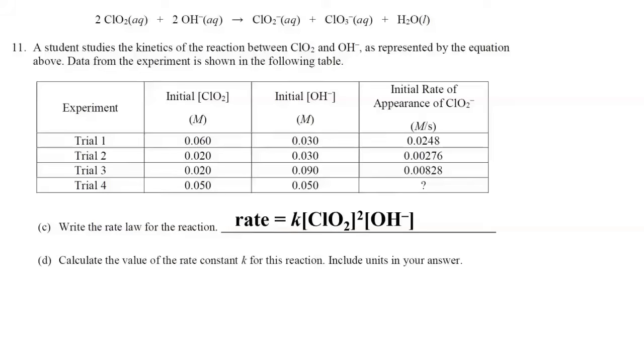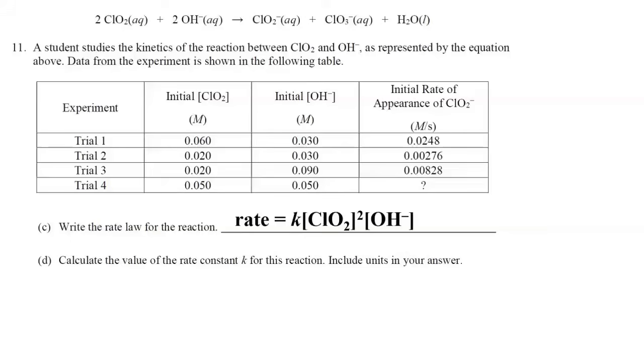Part D, calculate the value of the rate constant k for this reaction. Include units in your answer. So I can use the data from either trial 1, trial 2, or trial 3, and I should still get the same value for the rate constant. Let me go ahead and take a look at the data for trial 1.